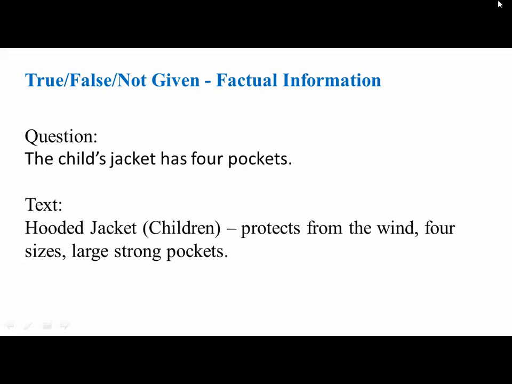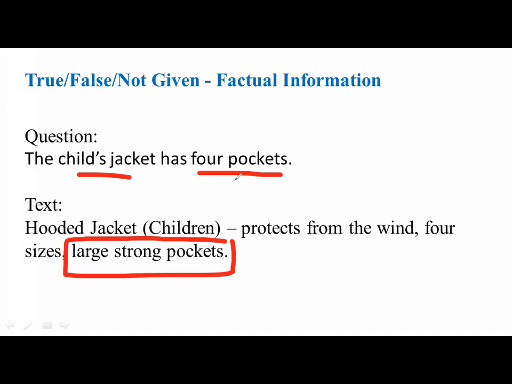Again, my question is about the number of pockets. So, child's jacket has 4 pockets. Hooded jacket, children, child jacket. 4 is for size. Our question is not for size. Large, strong pockets. But the question is, how many pockets? My question to you is whether there are 4 pockets.